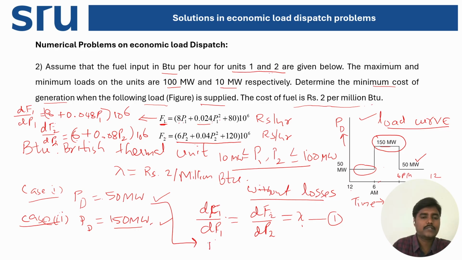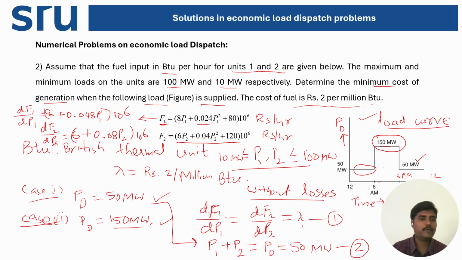So based on that statement, P1 plus P2 should be equal to the power demand PD, that is 50 megawatt. Take this as equation 2. Once you substitute dF1 by dP1 and dF2 by dP2 in equation 1 and solve equations 1 and 2 to get the P1 and P2 values, that will complete the solution for case 1.